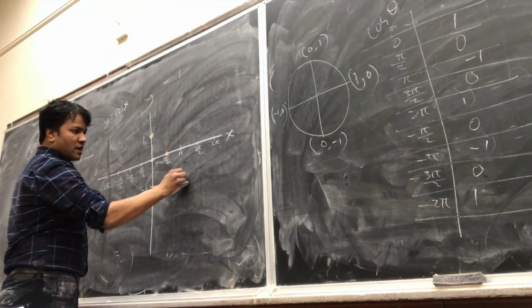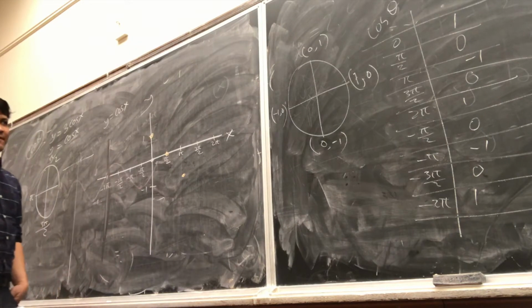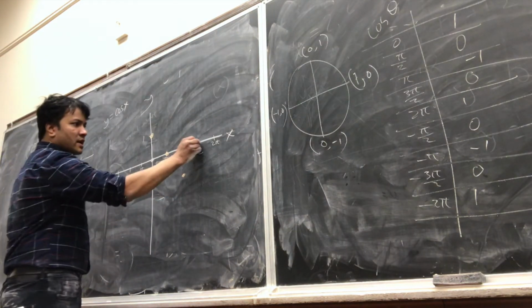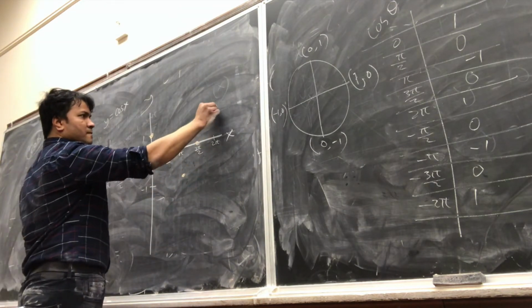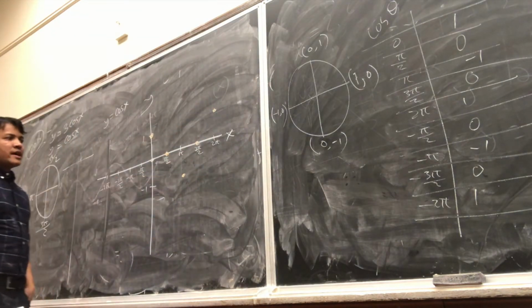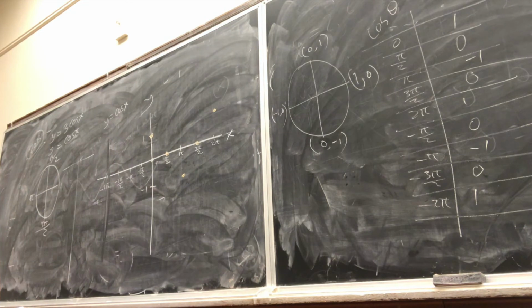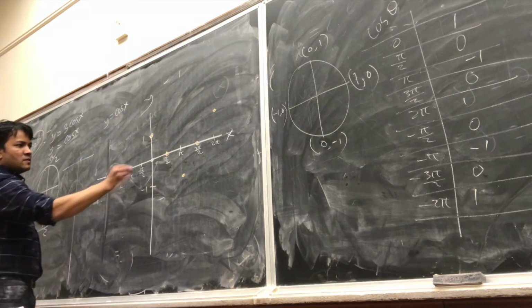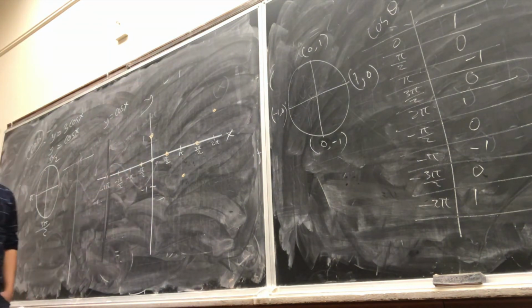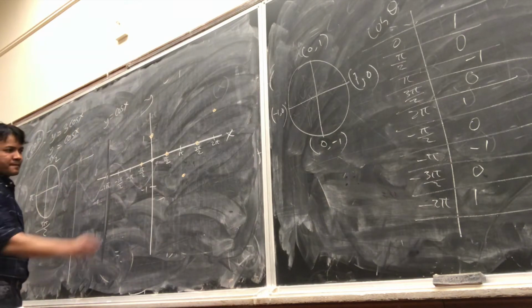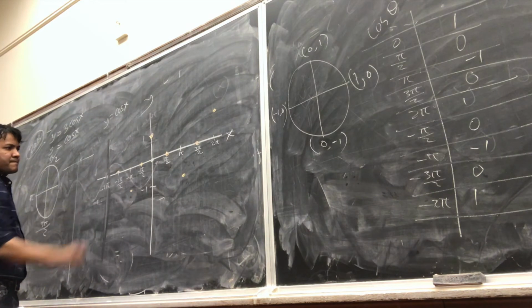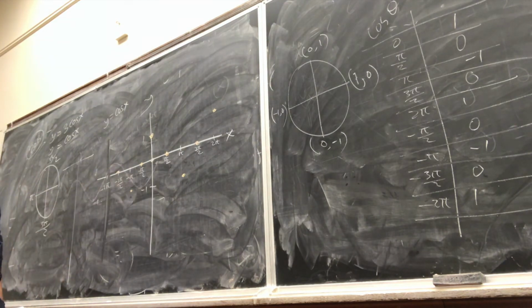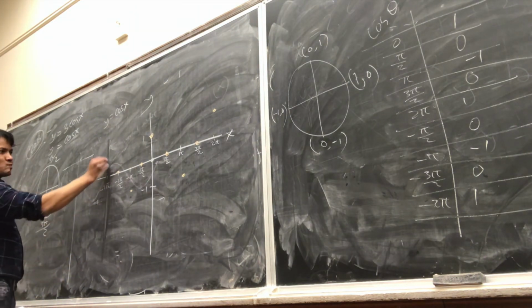And what is cosine 270? 0. And what is cosine 360? 1. Alright, let's go back. Cosine 270 is 0. And then next one, negative 1. Then 0. Then 1.